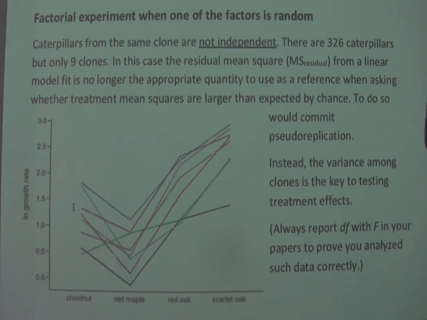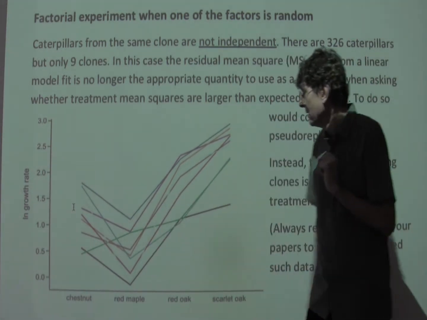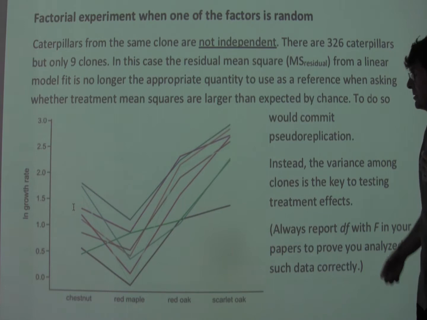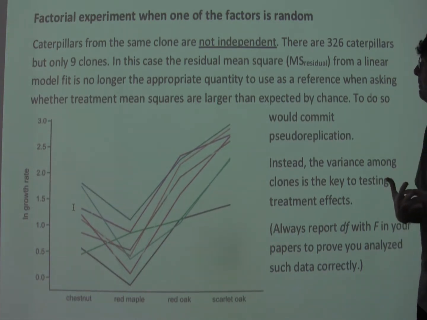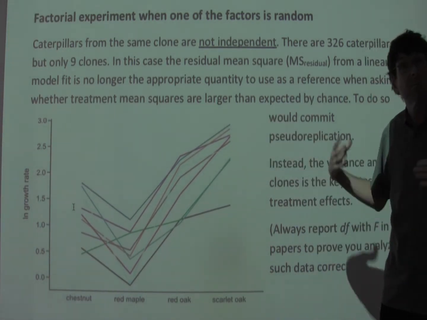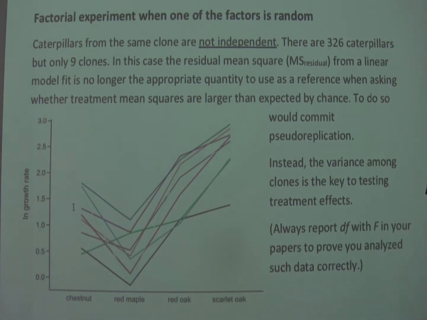We can't just analyze this as though there were hundreds and hundreds of independent observations. We have to somehow take into account the fact that the caterpillars are grouped by clones. And that to some degree, looking at the effect of one tree species on another is going to be determined not so much necessarily by the number of moths that grew better on it, but by the number of clones that grew better on it compared to other tree species.